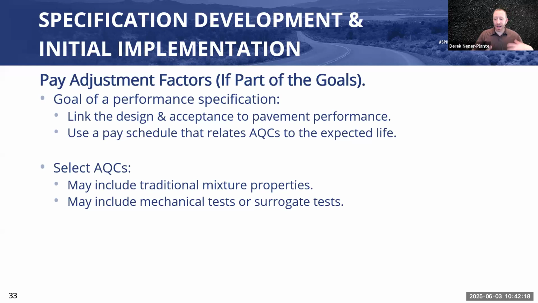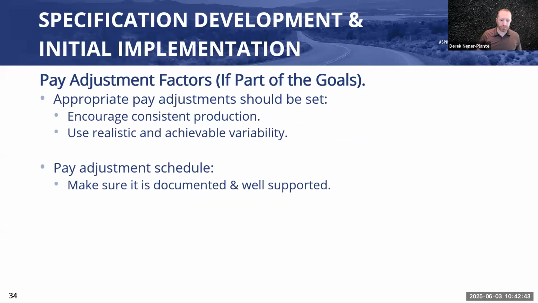All right. And then if you're going to do that, you select your acceptance quality characteristics. What am I going to accept on? Distinguish that from, say, production control, which Tim showed earlier. You can have things for production control, but you're not paying on them necessarily. So this could include a mix of traditional mix properties and then mechanical tests or surrogates. Why?